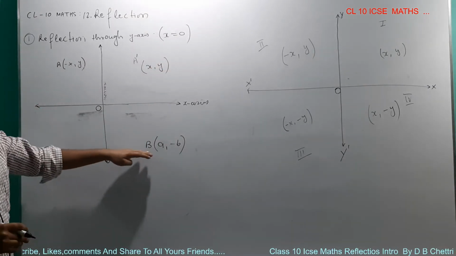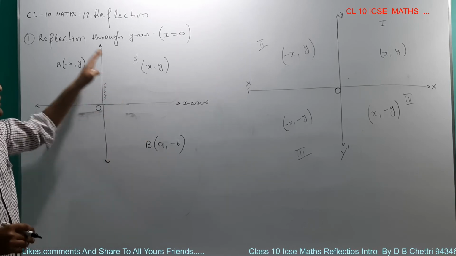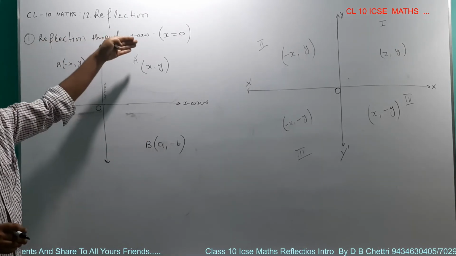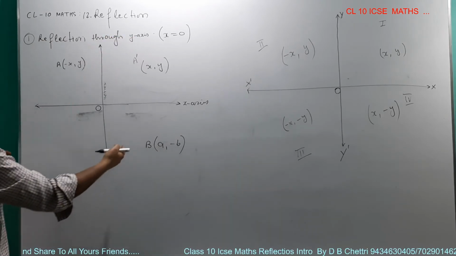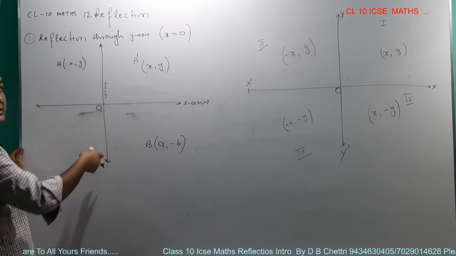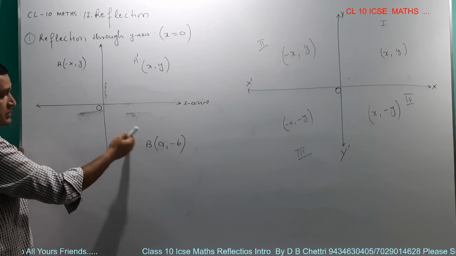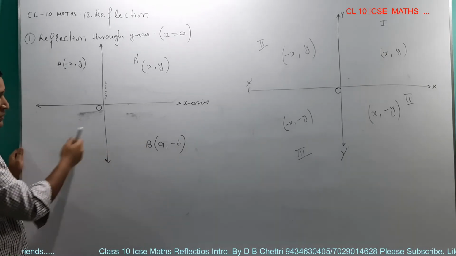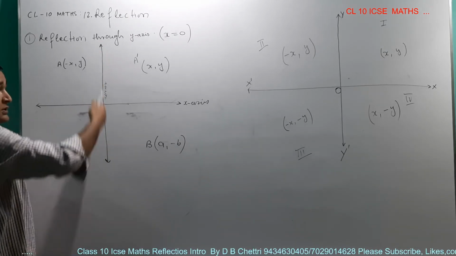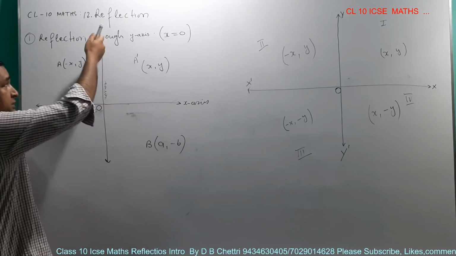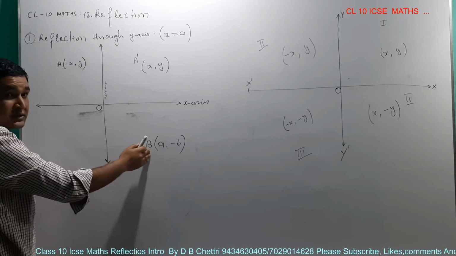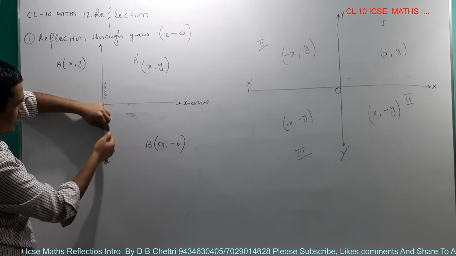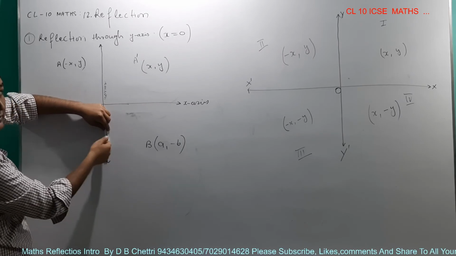Then suppose this is b. Same way, reflection through the y-axis. Now the mirror is this side, so this object is reflected to this side. The image is formed behind the mirror. Remember, this is not the mirror; this vertical line is the mirror. The object is here, so when it is reflected through this mirror, the image is formed behind it at the same distance.